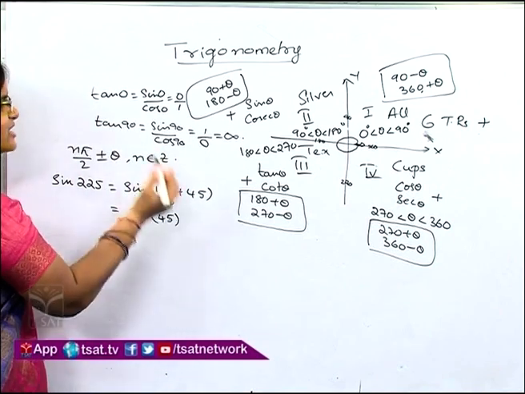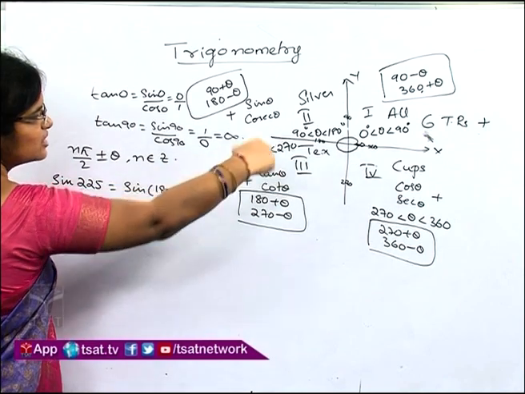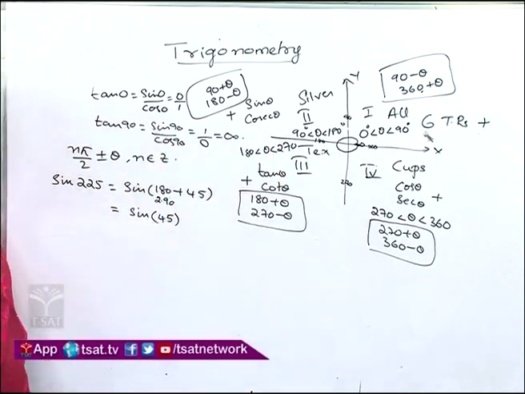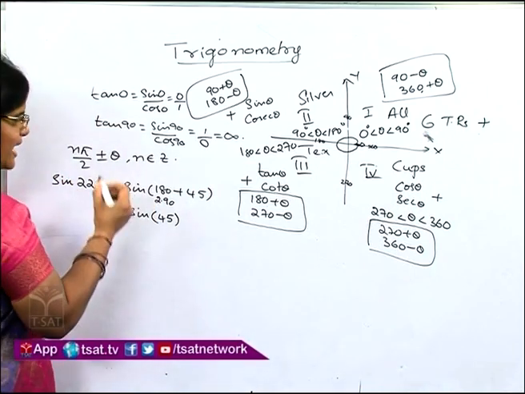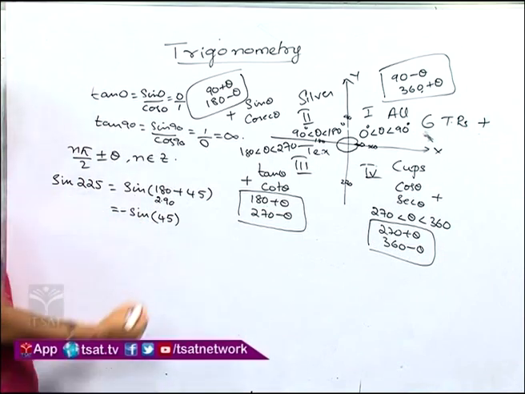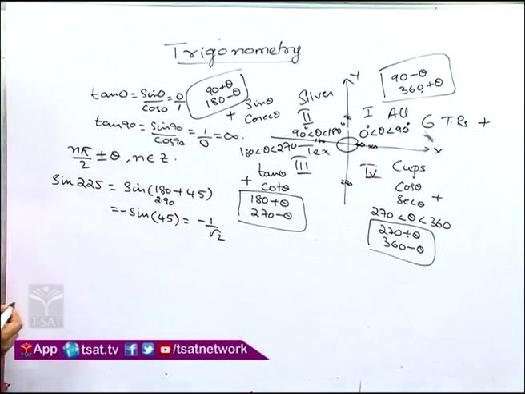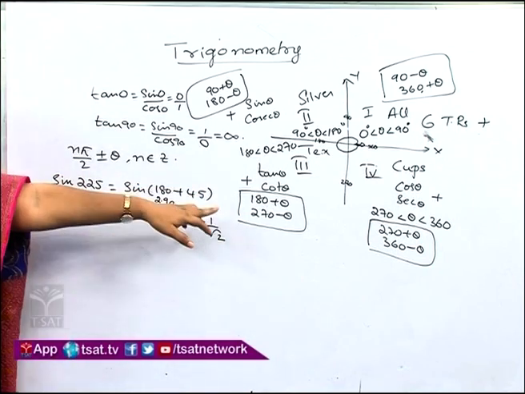Now 180 plus theta comes to which quadrant, children? Just now we have seen that 180 plus theta comes to the third quadrant. In the third quadrant sine is negative. We know that. So put a minus sign before. And the sine 45 value we have just seen in the table, it is 1 by root 2. So minus 1 by root 2 we got. Did you get that?